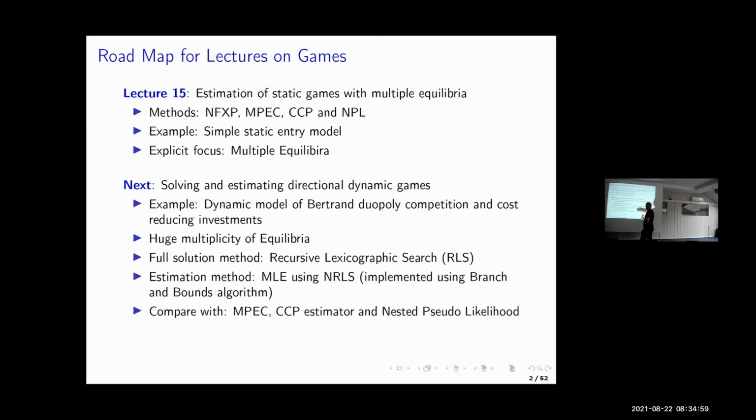There you'll see a huge multiplicity of equilibria because of the combination of all the many things that can happen in different states of the world. He'll talk about how to solve and find all those Markov perfect equilibria. It is indeed possible, but you need special tools. And then maybe a little bit about how to do the estimation.